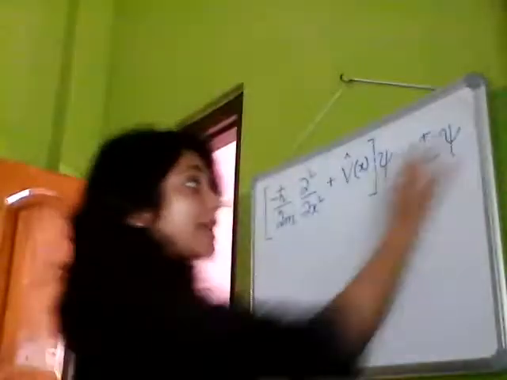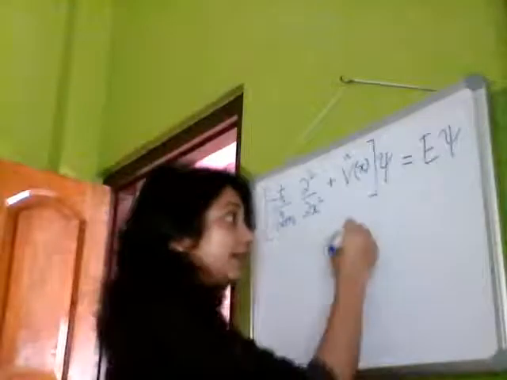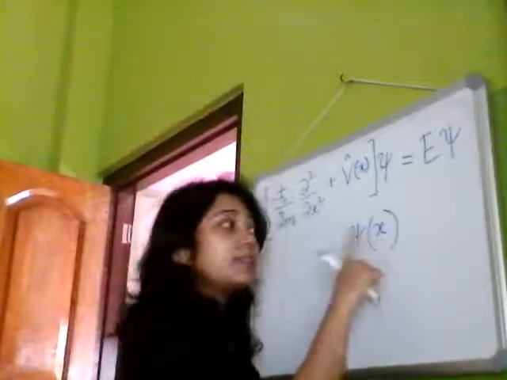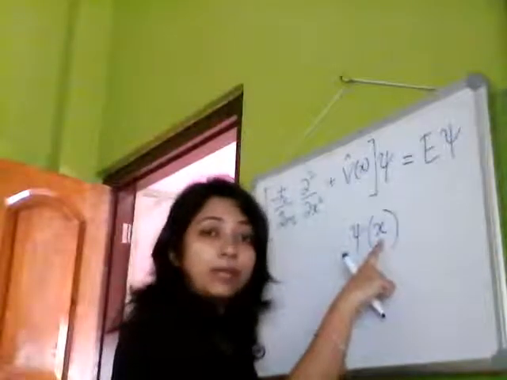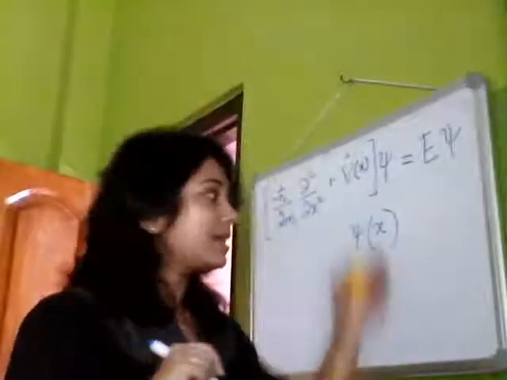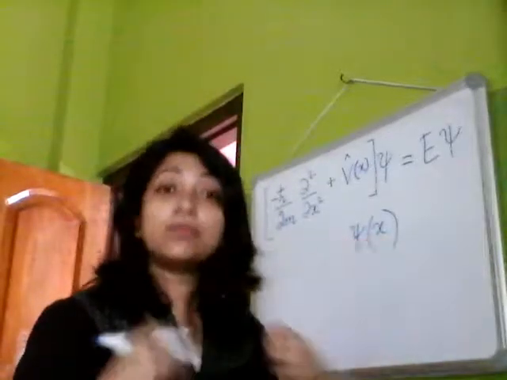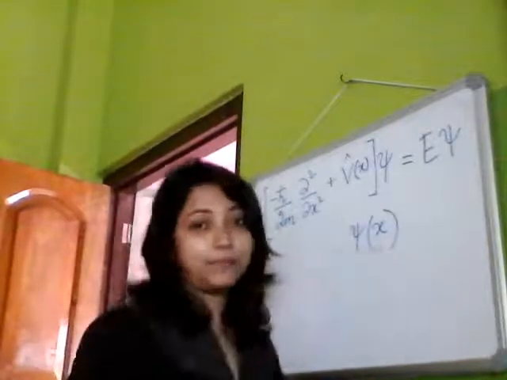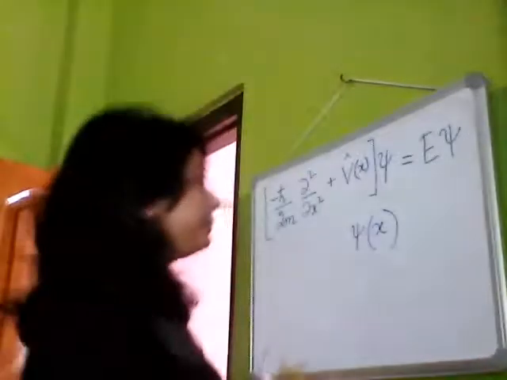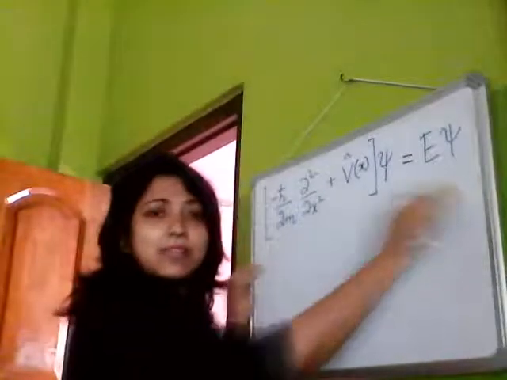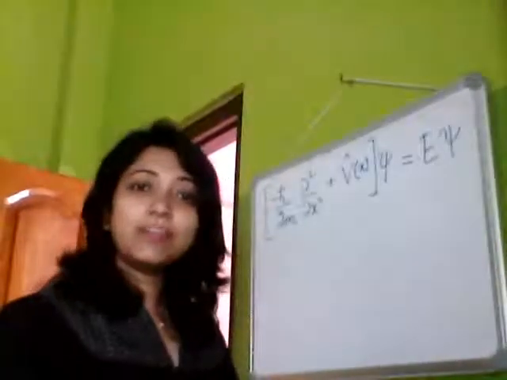So today this psi that I have written here is only a function of our position x. It is a position dependent function only, and since we are considering a one-dimensional motion along the x-axis, our wave function is only a function of x. Fine. In this scenario, doesn't this equation look like an eigenvalue equation?